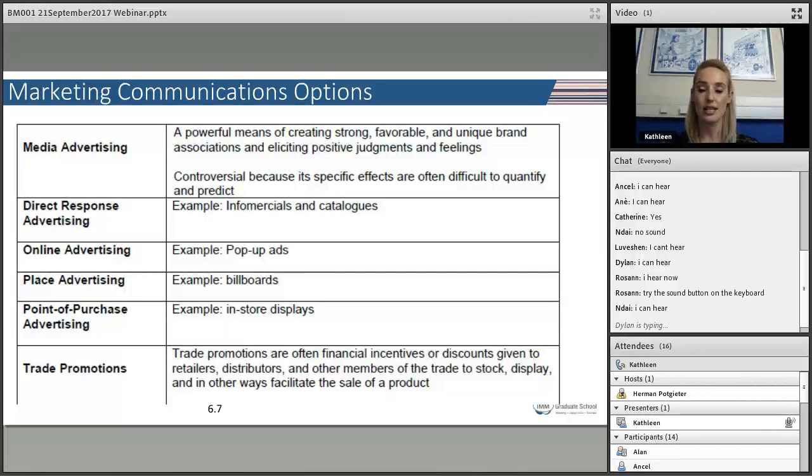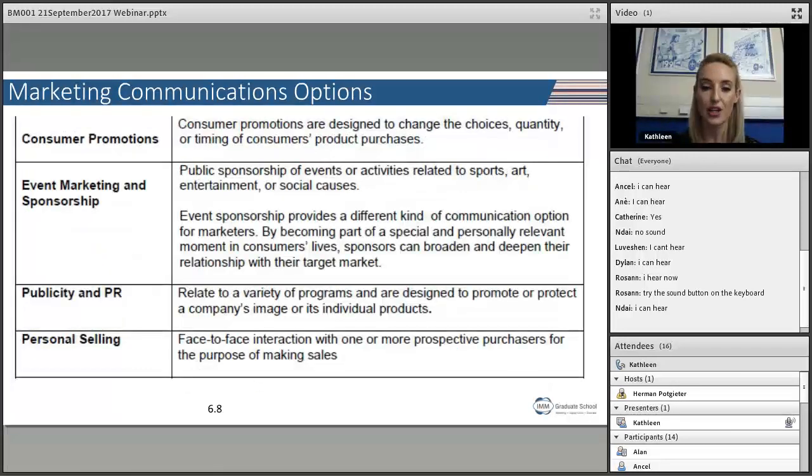Now, in this context, we are referring to sales promotion as an element of the marketing communications mix, which are things like having a sale, offering coupons, offering rebates, things like that.